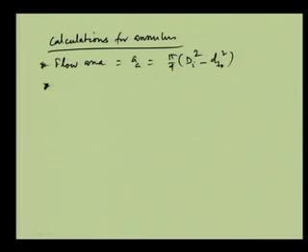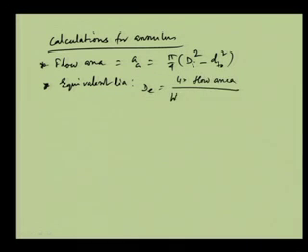Then comes the equivalent diameter, that is very important. This equivalent diameter is different for pressure drop calculation, and different for heat transfer calculation. So, dE is to be calculated as 4 into flow area by wetted perimeter.